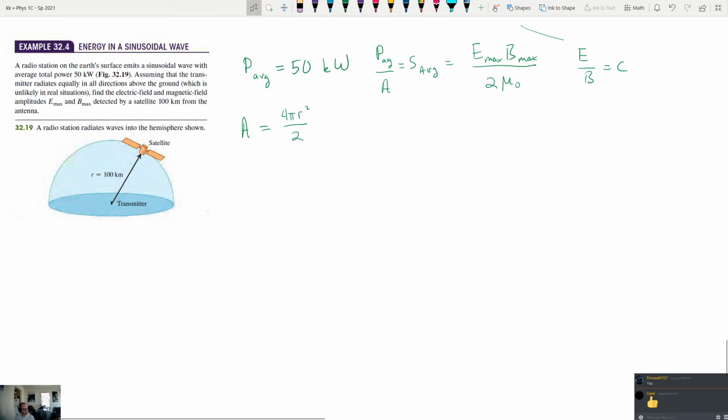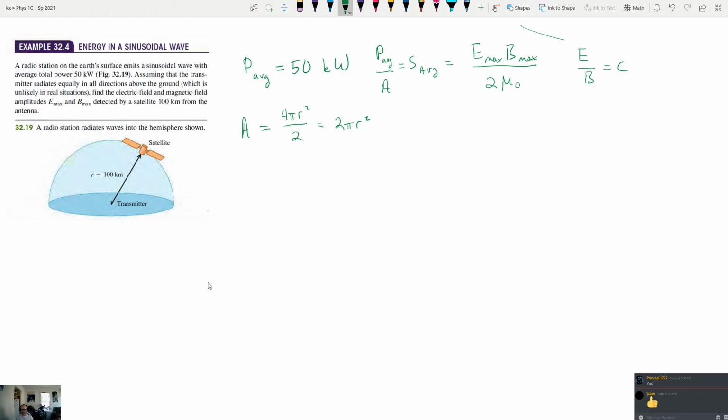Does that seem reasonable? Yeah, because it's only half the dome, and the transmitter's not transmitting downwards, only upwards. Now, if this transmitter was in outer space, it would be transmitting in all directions. This is kind of a weird transmitter since it's only going up, but it's conceivable. You could design a device like this, I guess. So our area is 2 pi r squared.